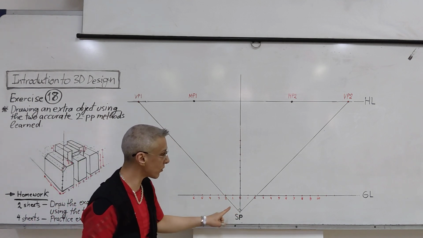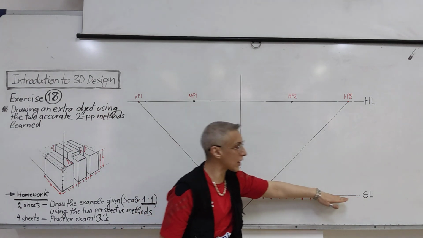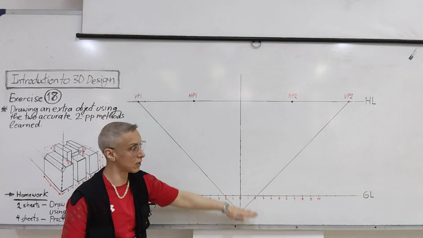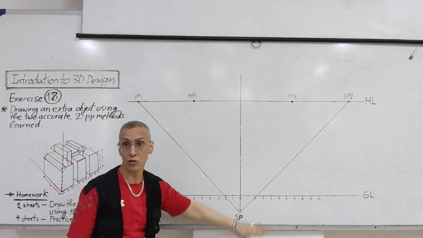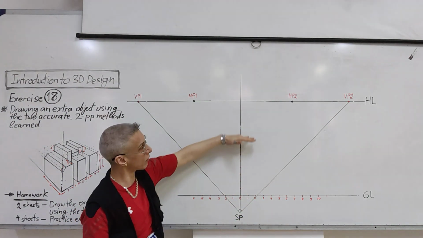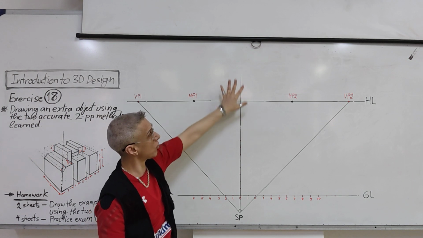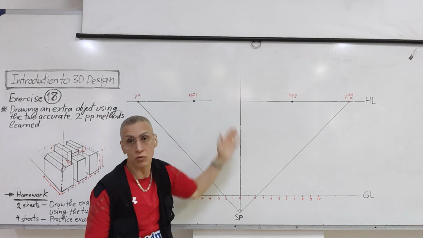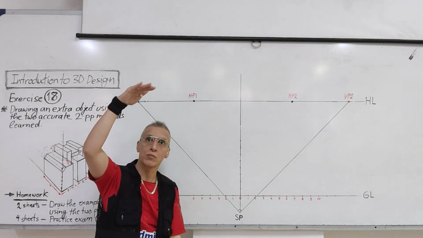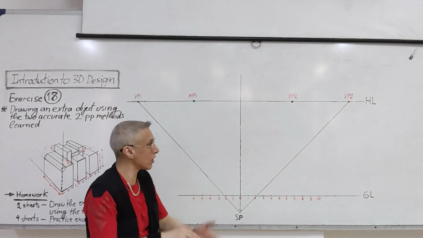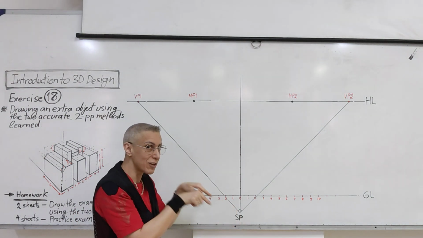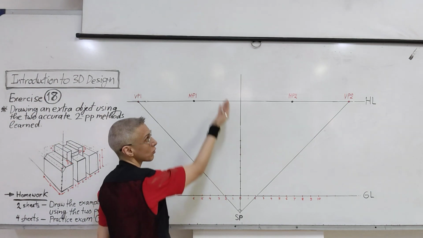It's the station point. Then you need to select the ground line location, and we said before that it can be in many different locations. So the closer it gets to the horizon, the object that you will draw might get above the horizon. Some of it, part of it, which is okay if it's a very tall object. If you're drawing smaller objects, it is a better idea to draw it looking down at it, so below the horizon, not to go above.